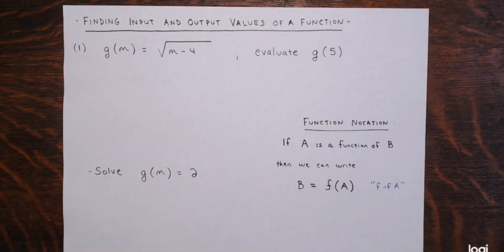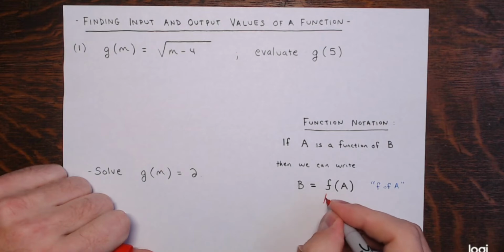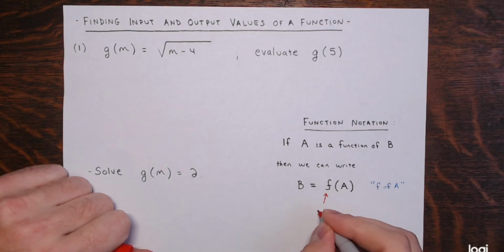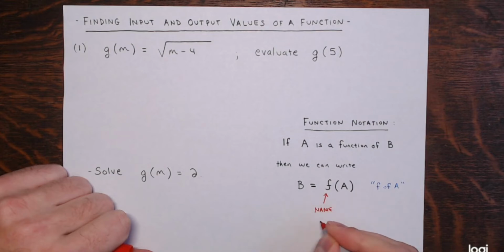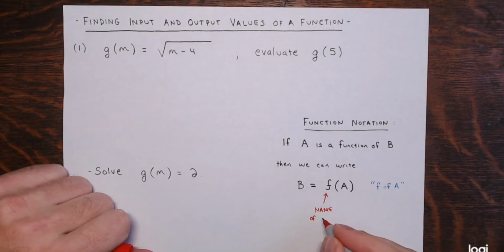The part of this before the parentheses, f there, that's the name of the function. So you don't have to call it f, you can call it really whatever you want. Give it a name, say what it does. But usually it's just going to be a single letter in our text.